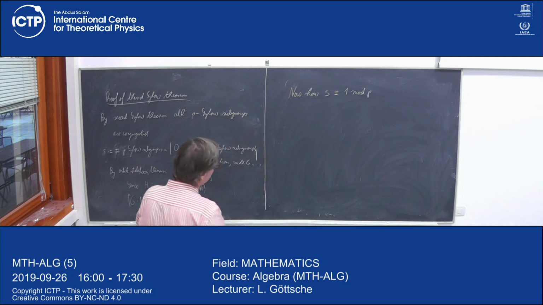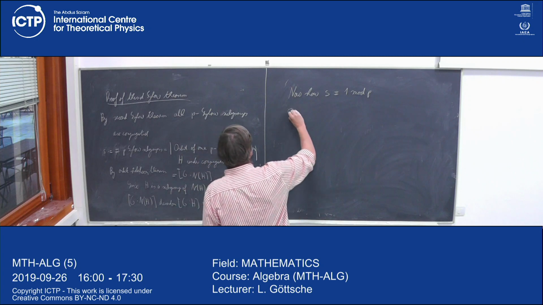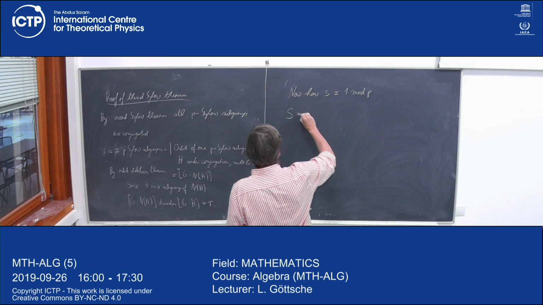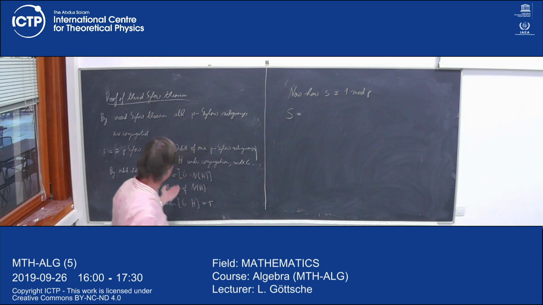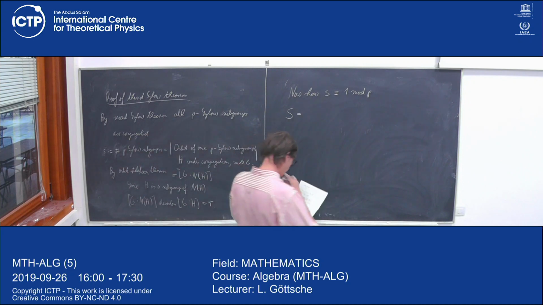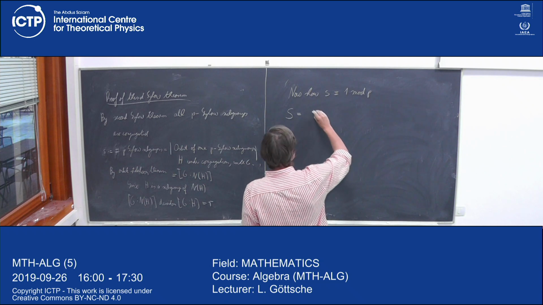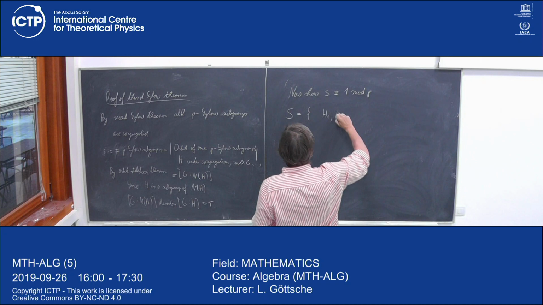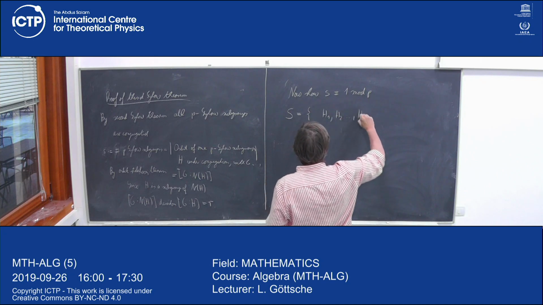So let's just look at the set of all P0 subgroups, just write them down. We know there are S of them, so we have H1, H2 until HS.